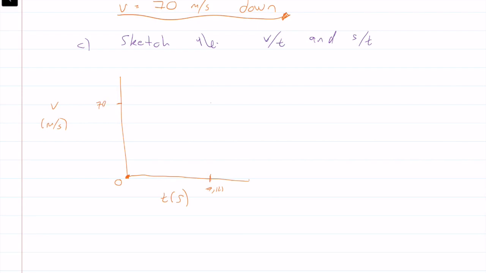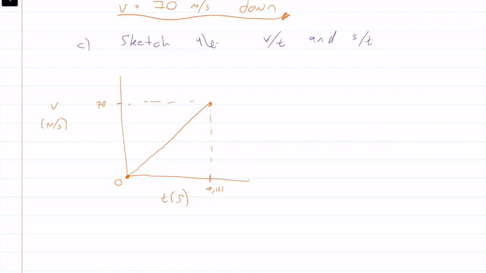So basically I can just join these 2 points because the gradient is equal to my acceleration, which is equal to g, which is a constant. Okay, so that's that. You can actually leave this stuff out. That was just to explain for you guys.